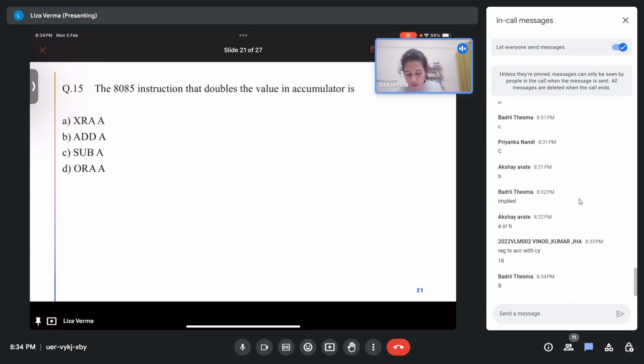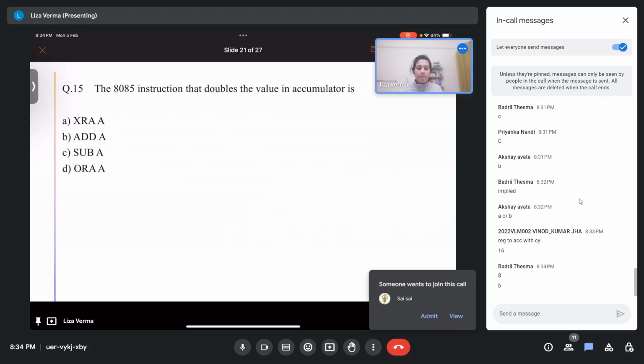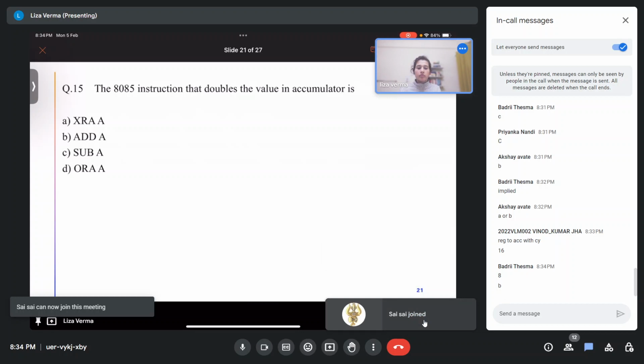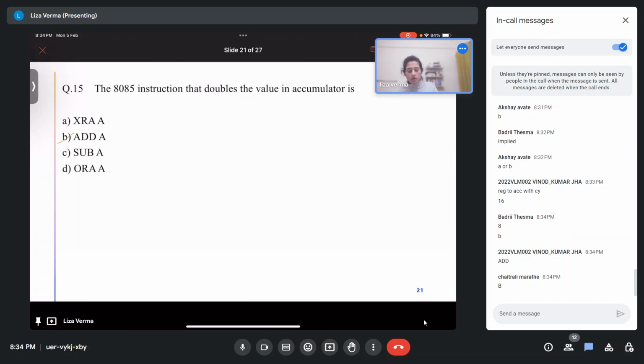Next is the 8085 instruction that doubles the value of the accumulator, known as ADD A. What will ADD A do?